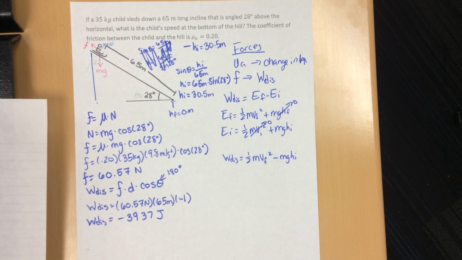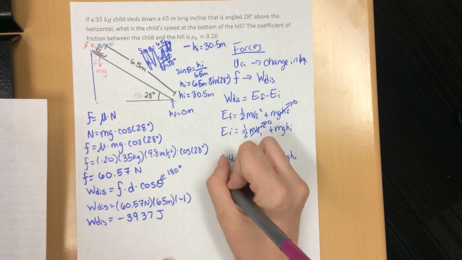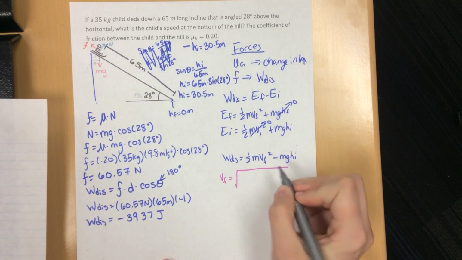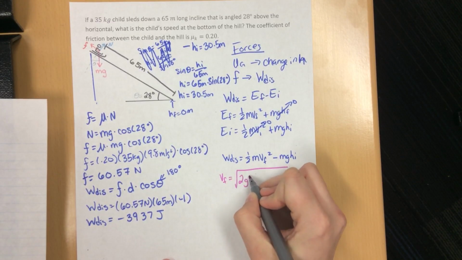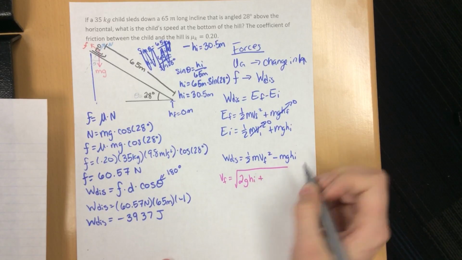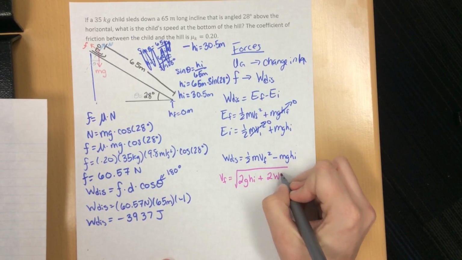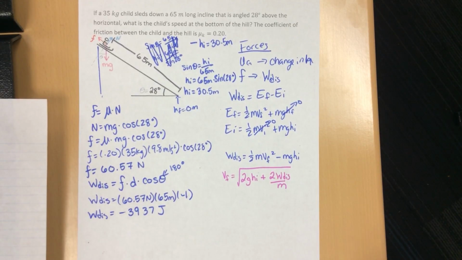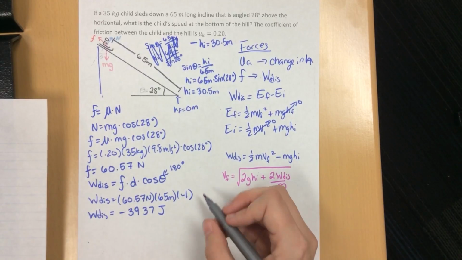So when I skip a little bit of algebra and switch to what I'm solving for, which again is my final velocity, we do get this. All right. From here we can plug in everything that we know.